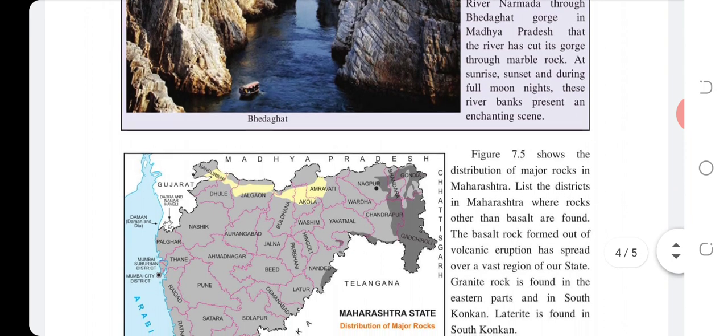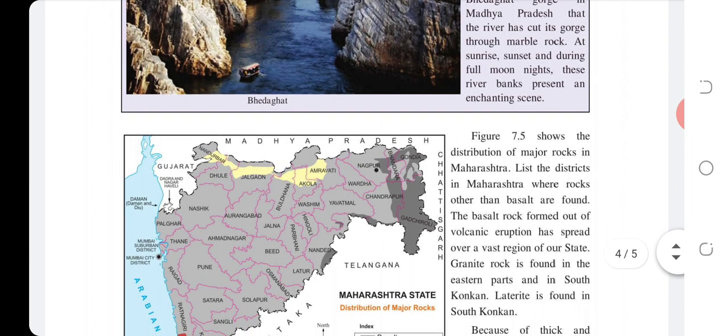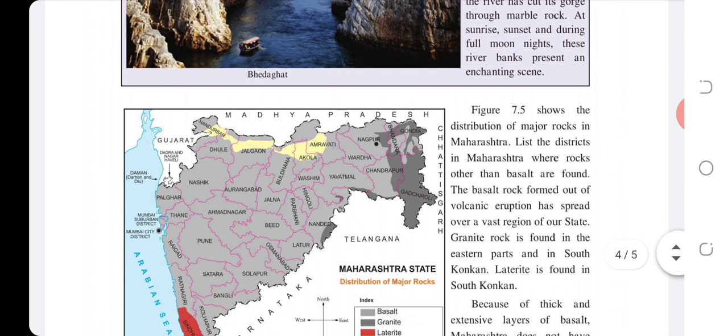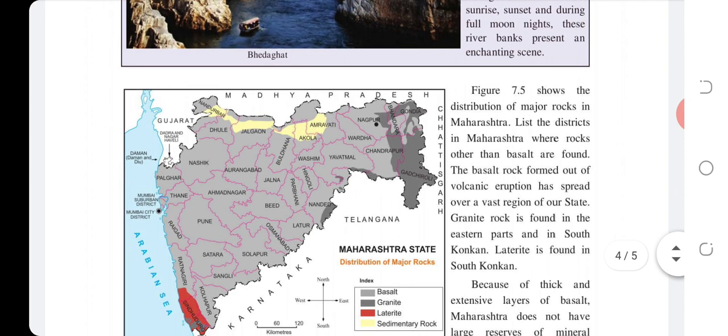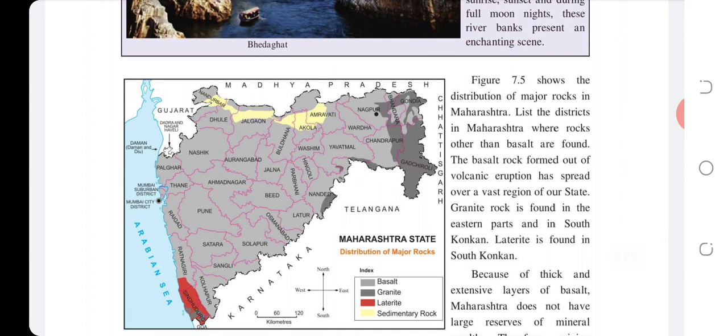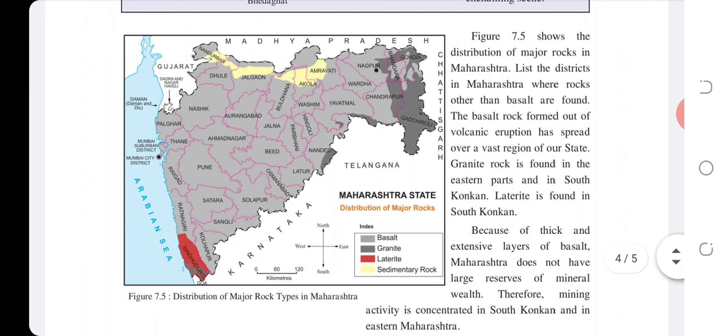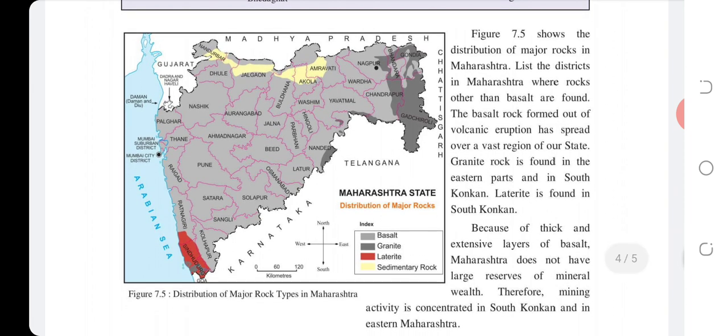Figure 7.5 shows the distribution of major rocks in Maharashtra. List the districts in Maharashtra where rocks other than basalt are found. The basalt rock formed out of volcanic eruption has spread over a vast region of our state. Granite rock is found in the eastern part and in South Konkan.